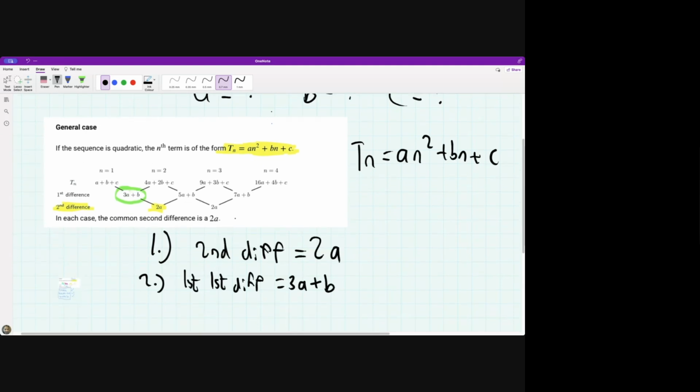Now, for the moment, you're just memorizing this. In the next lesson, I will explain it. Today is just getting used to the recipe. Okay, then the third step that we need to know about is what is the value of T1? Well, if you look at this drawing over here, T1 is just a plus b plus c.